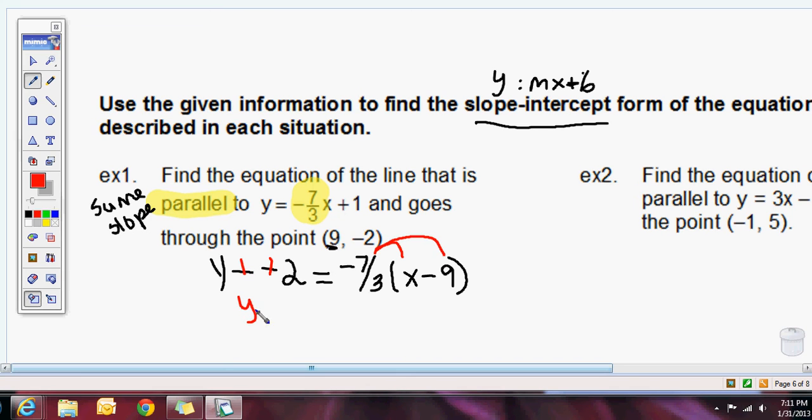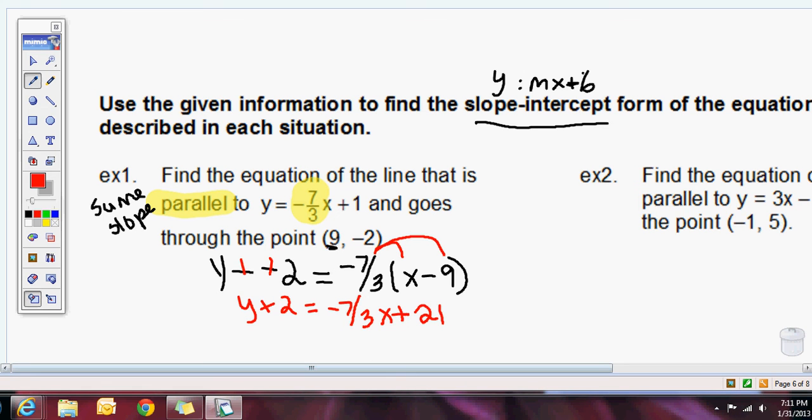So we have y plus 2 equals, what do we get here? Negative 7 over 3 x minus, and then hopefully you're doing this in your calculator and not leaving it all to me, but 2 negatives make a positive, so hopefully you saw that, so plus 21. Alright, we're almost there.